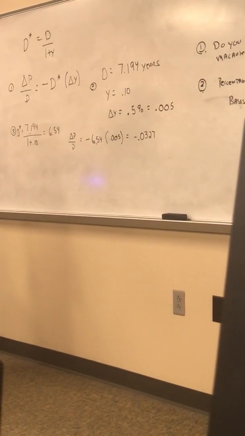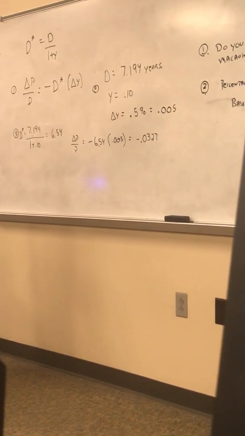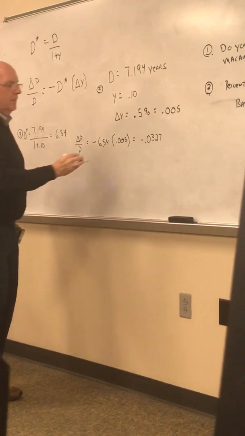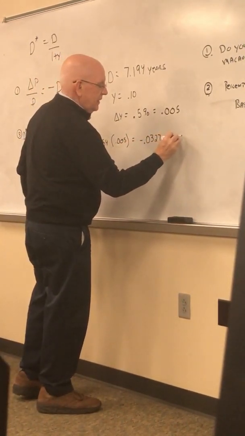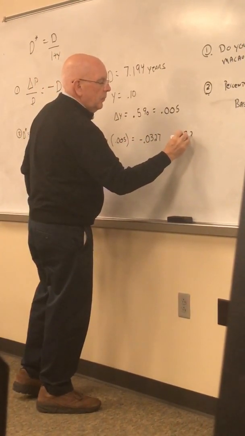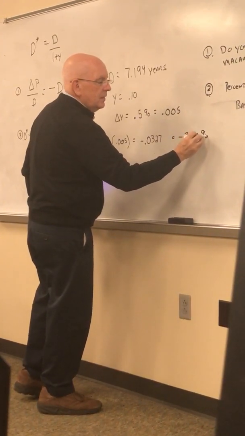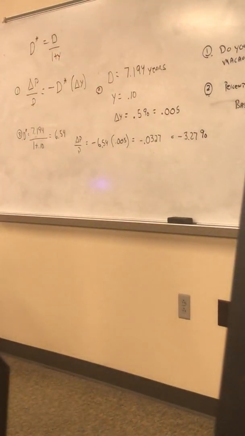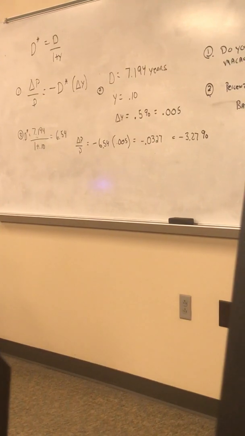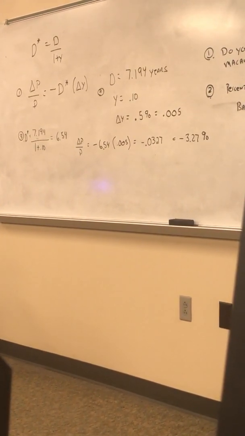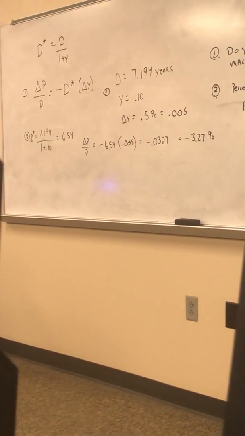I've got a decimal. I need to switch it to a percentage now. Negative 3.27%. What's the percentage change in the price of the bond? It declines by 3.27%.